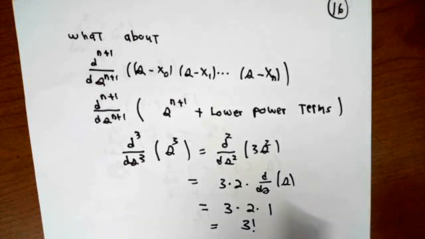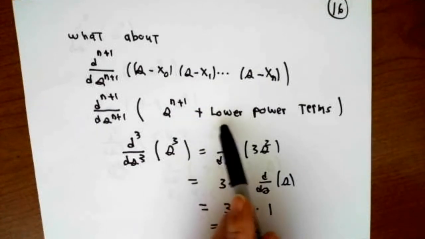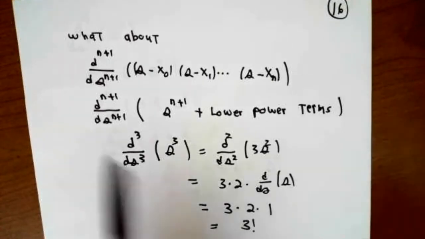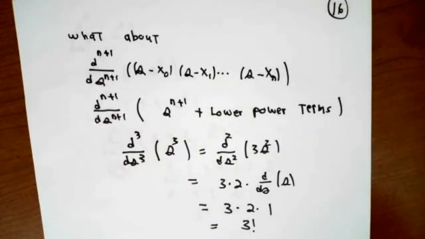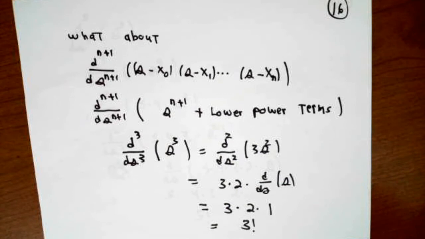If you were to multiply this out, the lead term would be s raised to the n plus 1 power, and then you'd have lower order terms. Those lower order terms don't worry me in the least, because when I take the n plus first derivative of them, I'll get 0. It's only the s to the n plus 1 that's going to contribute anything.